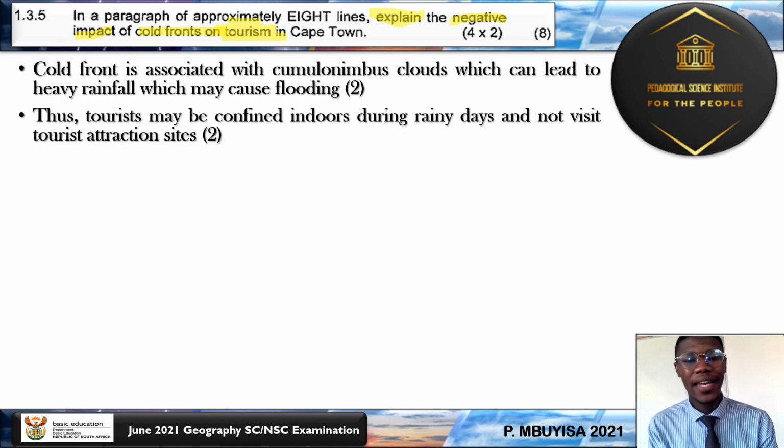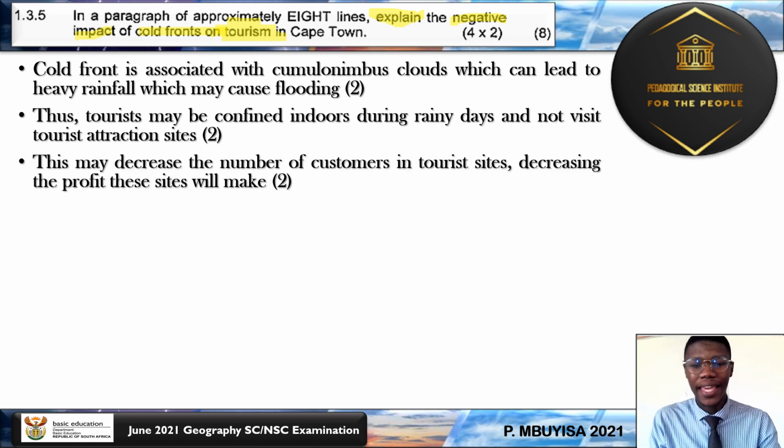And what will happen as a result? Tourists may be confined indoors during the rainy days, and as a result, they are not going to visit tourist attraction sites. Those sites will not make enough income because they have fewer customers. And that will decrease the profitability of that particular tourist site.